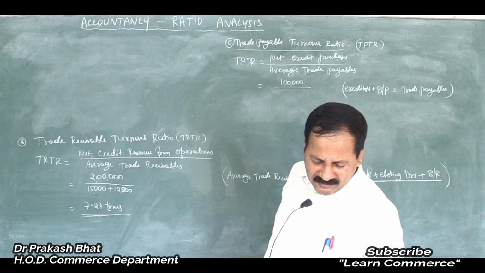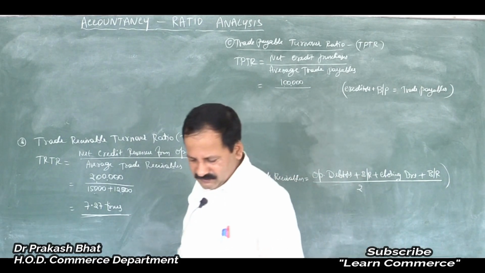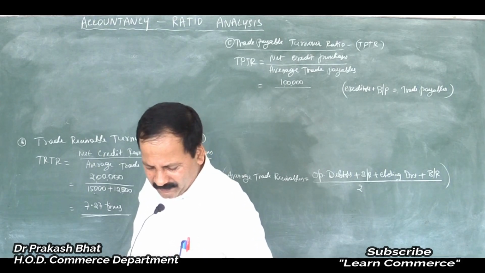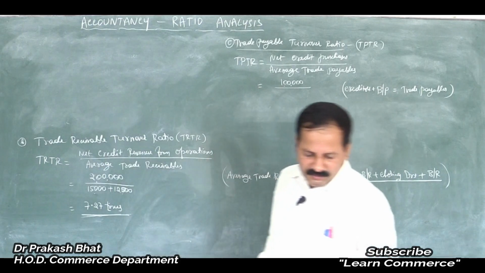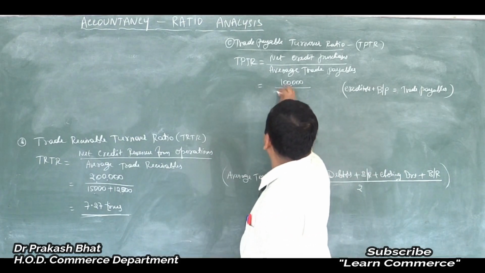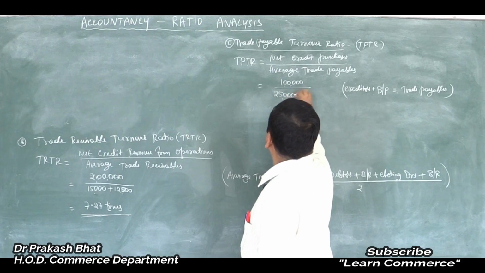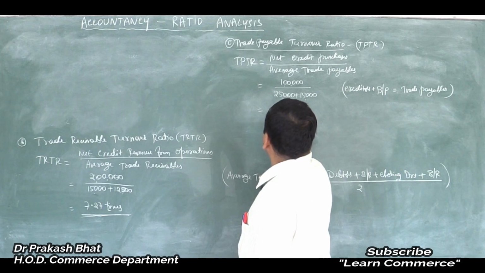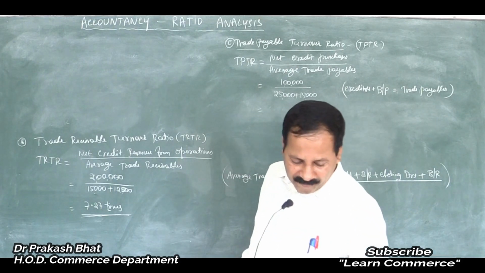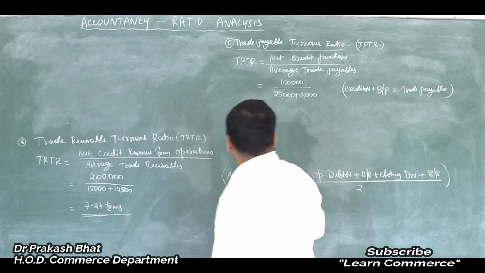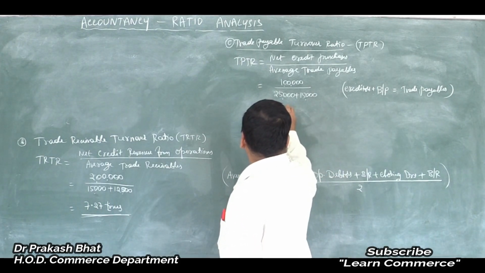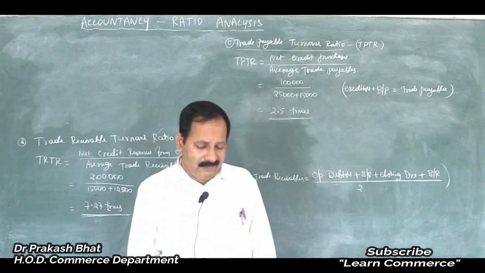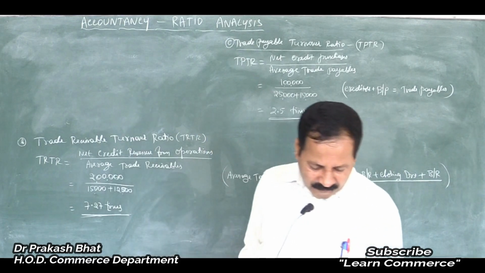Average trade payables, how much? 1 lakh, sorry, creditors and bills payable, 25 plus 15, 40,000, isn't it? So what is the turnover? 2.5 times, isn't it? So this is the answer. Now let us move on.